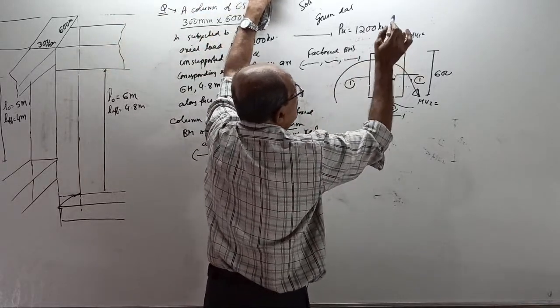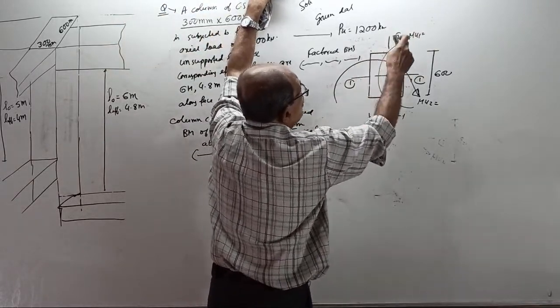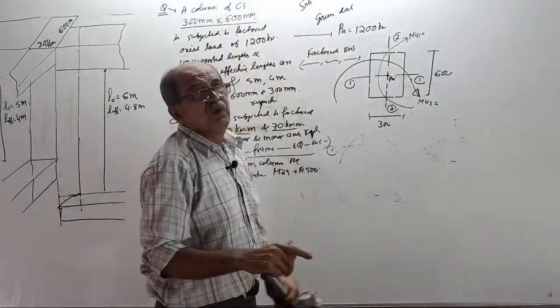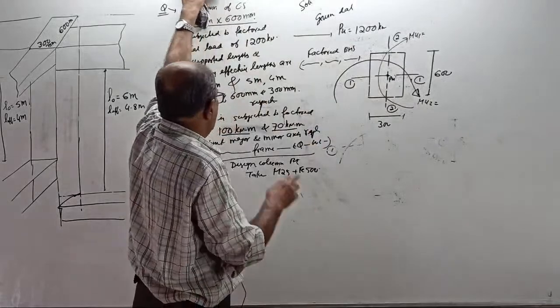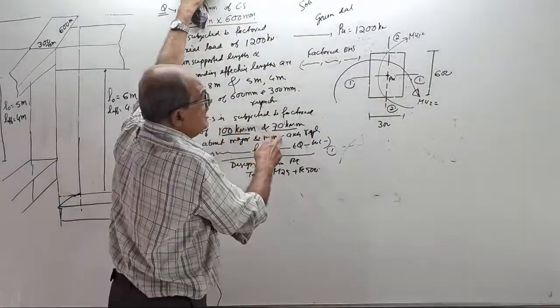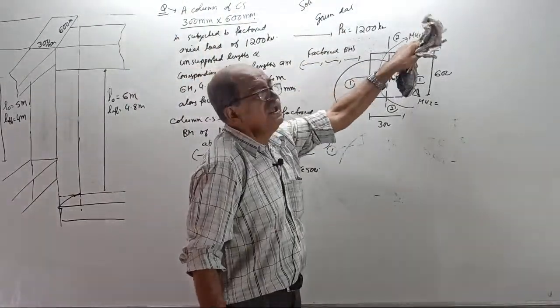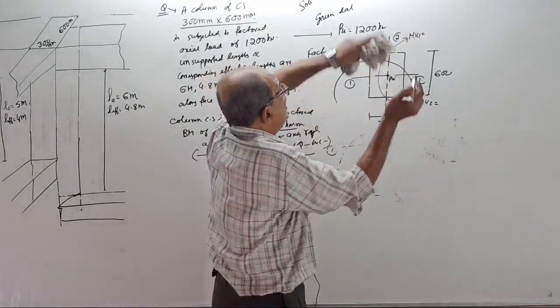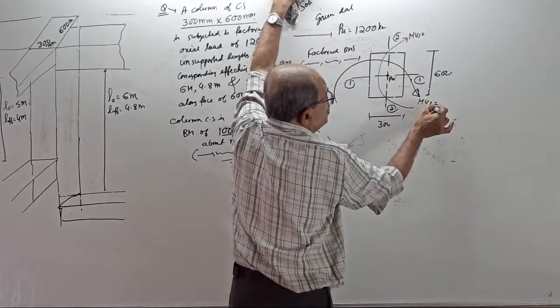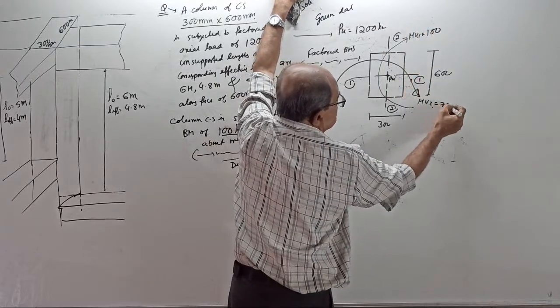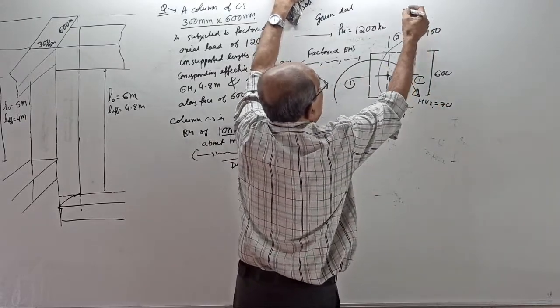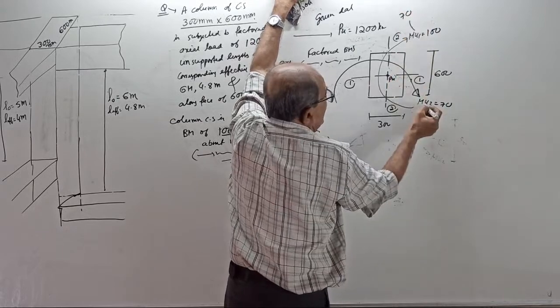Therefore, tell me, among this Mu1 and Mu2, which is 100? One of them is 100, the other is 70. Now, tell correctly. Is Mu1 100 and Mu2 70, or is Mu1 70 and Mu2 100?